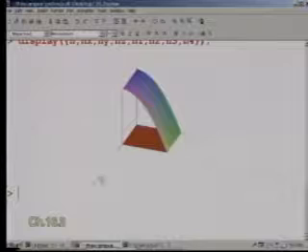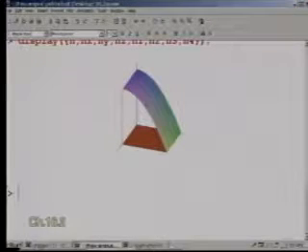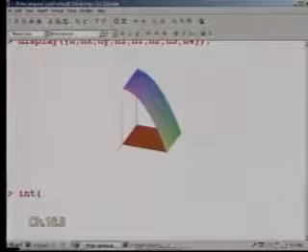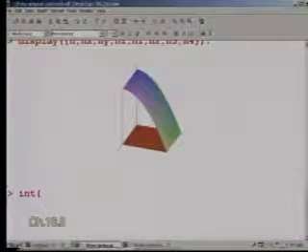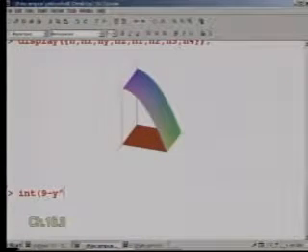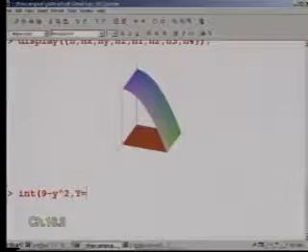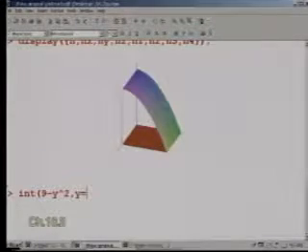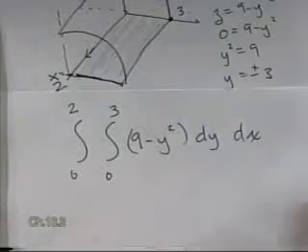All right, so my integral is 9 minus y squared. So I just type int. What am I integrating for my inner integral? 9 minus y raised to the second power, comma, y equals. What's y ranging from? 0, dot, dot, 3. In Maple, you go 0, dot, dot, 3.